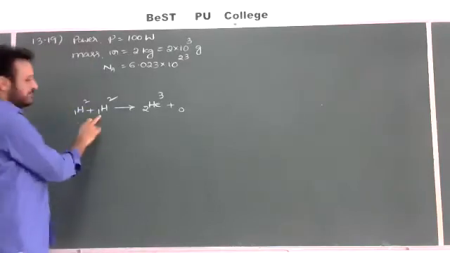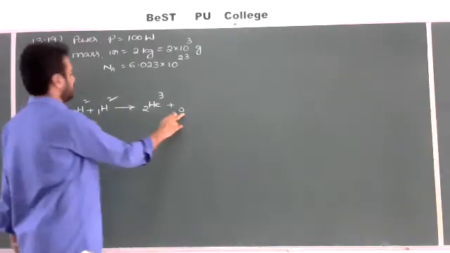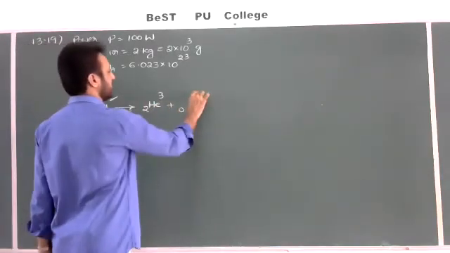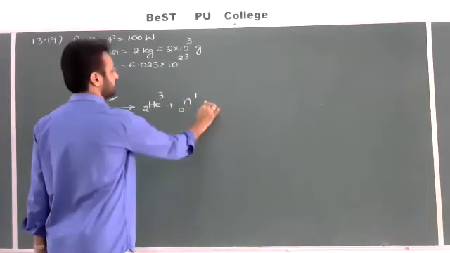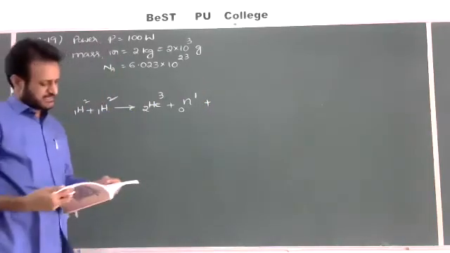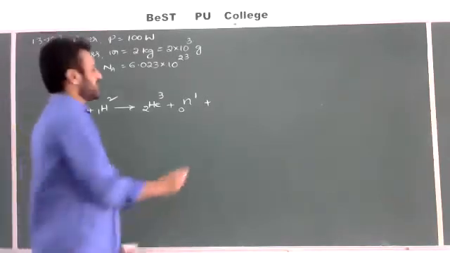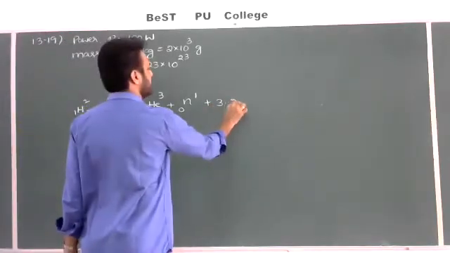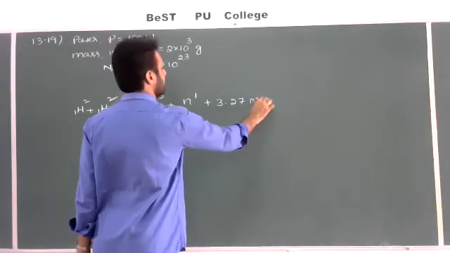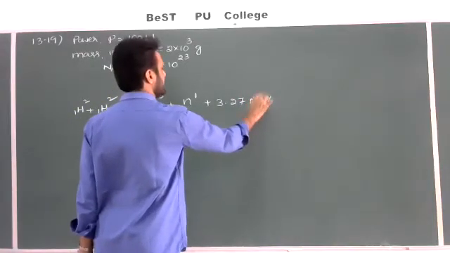Here 1 plus 1 is 2, 2 minus 2 equal to 0. Here 4 minus 3 is equal to 1, that is nothing but a neutron, plus some amount of energy also given, that is 3.27 MeV, mega electron volt or million electron volt.